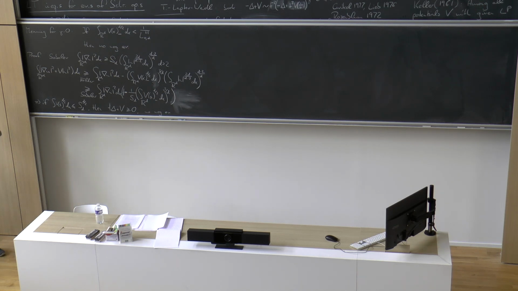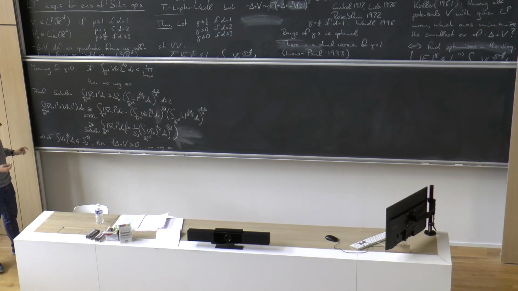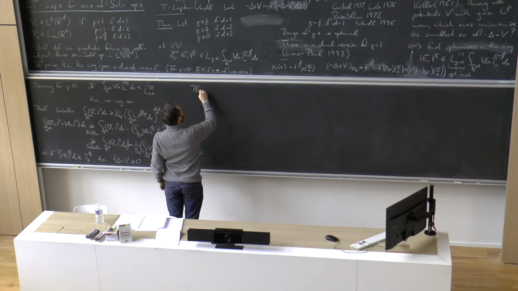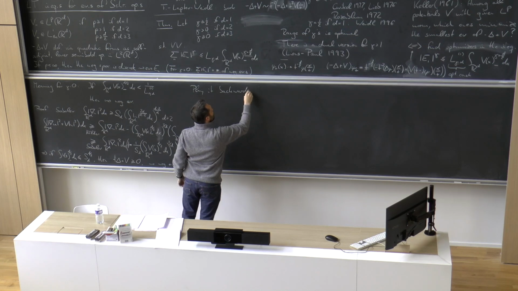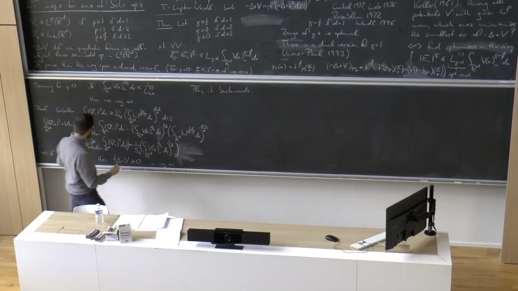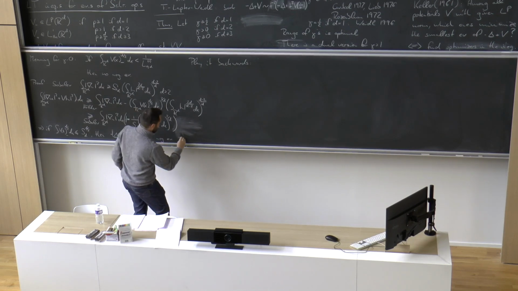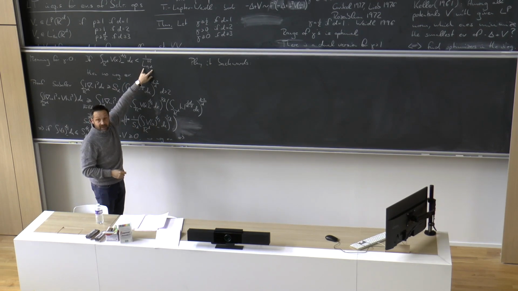And now you can play the game backwards. What do I mean by this? So what I've shown you is that the optimal constant, by definition, this is the optimal constant for non-existence.